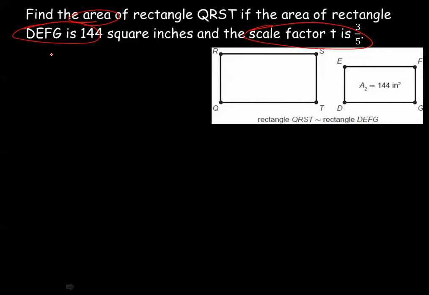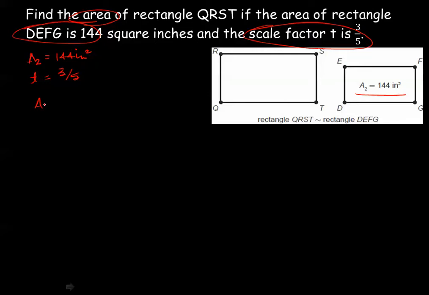So we're going to let A2 equal the 144 inches squared, and we were given that information right there. A1 we don't know, and T is our scale factor, which is 3/5.